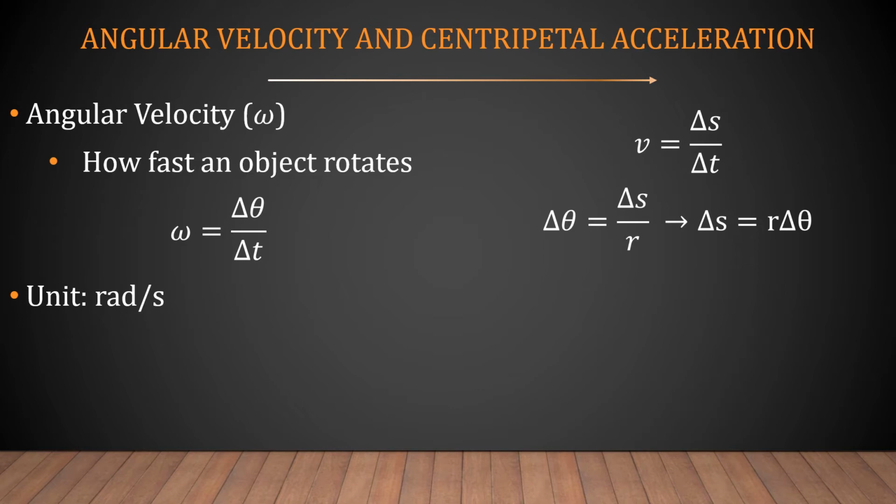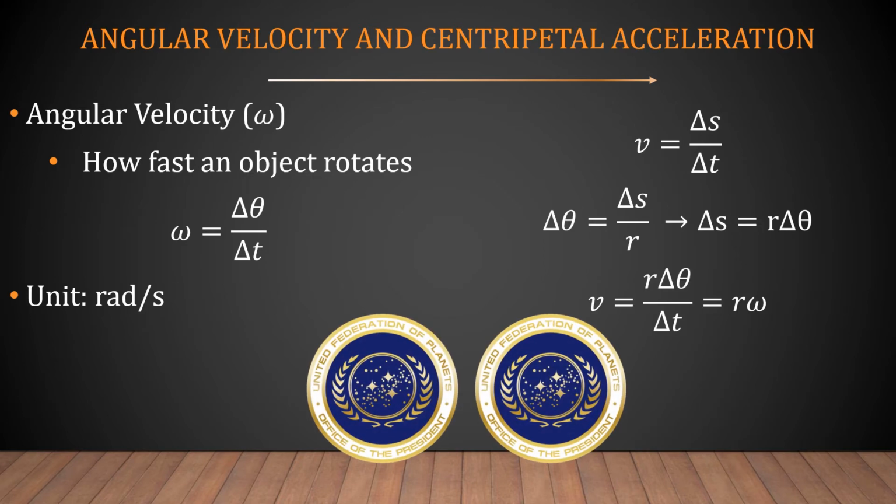Then delta theta is equal to delta s upon r, which implies delta s is equal to r delta theta. After putting the value of delta s here, velocity will equal r delta theta upon delta t. This delta theta upon delta t is angular velocity.